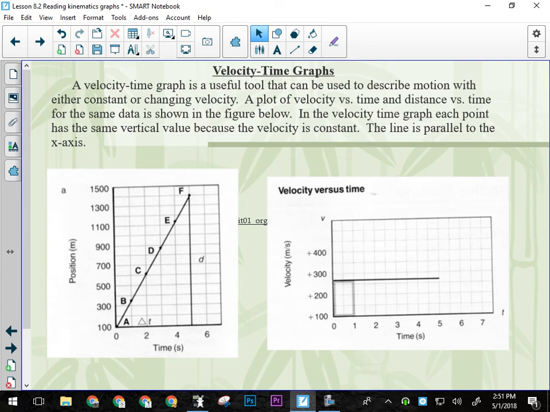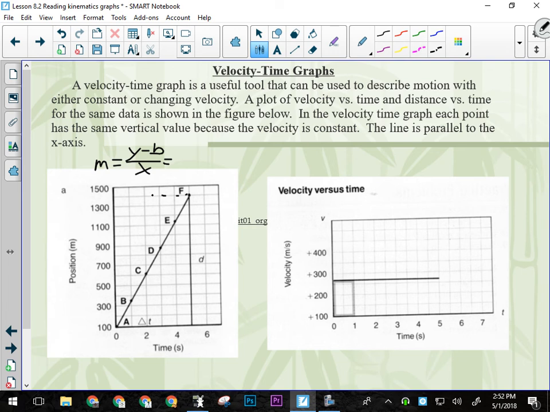This is an object traveling at a constant velocity, and this is an object traveling at a constant velocity. Could I calculate what the average velocity of this object is? I could. It would be a slope calculation of this line, so that's what I'm going to do. I'm going to calculate the slope of the line in this graph. I'm going to use this point here for y. This point here is b because that's where the y-intercept is, at 100. And the time is going to be 5 seconds.